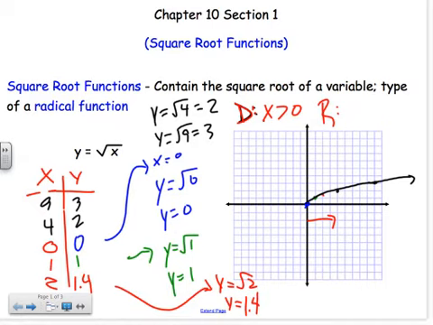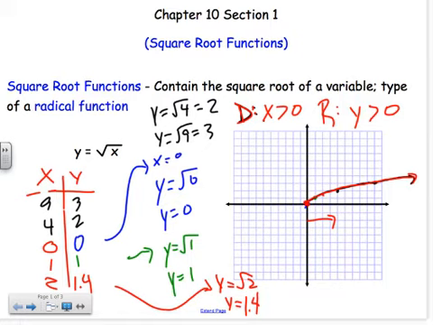So they all have to be greater than 0 as well in this case. Because this is going to keep increasing forever and ever. Okay, it's going to be slow, but it's going to keep going. So there we go. So our square root functions are only going to be going one way, and they'll always have kind of like a starting point. In this case, it was at the origin.